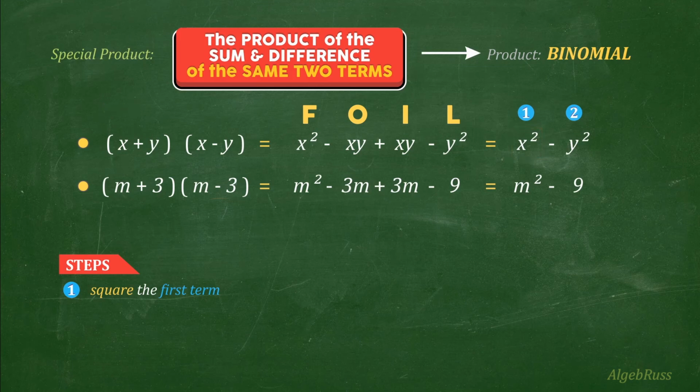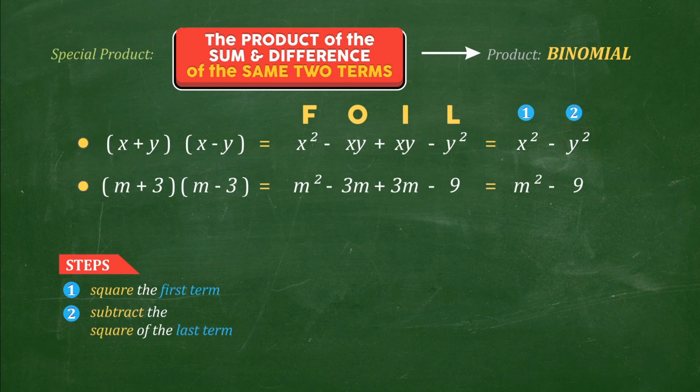Another observation is that the answer is always a difference. That is true for both the first example as well as for the second. Which brings us to step 2. Subtract the square of the last term. Since the last terms are also equal in value but different in signs, the FOIL method should give us a squared last term.